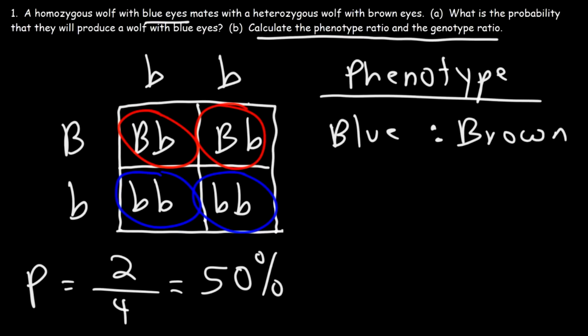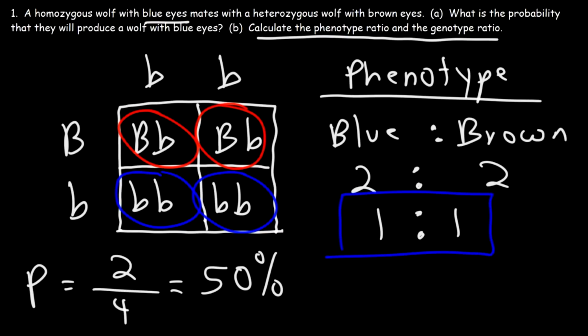So out of, let's say, 4 baby wolves, 2 of them will have blue eyes and 2 will have brown eyes, which I use the color red instead of brown for some reason. And so you could divide both numbers by 2, and thus you get the simplified ratio. So it's a 1-to-1 ratio. So that's the phenotype ratio. Blue to brown, or if you want to do brown to blue, it's still going to be 1-to-1.